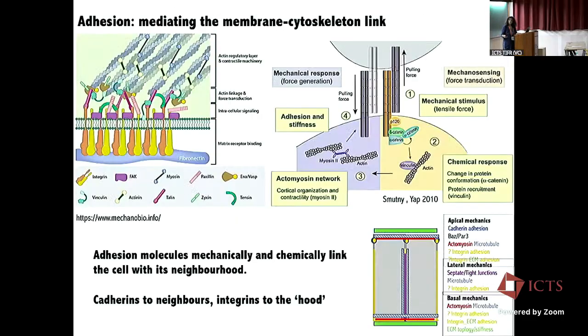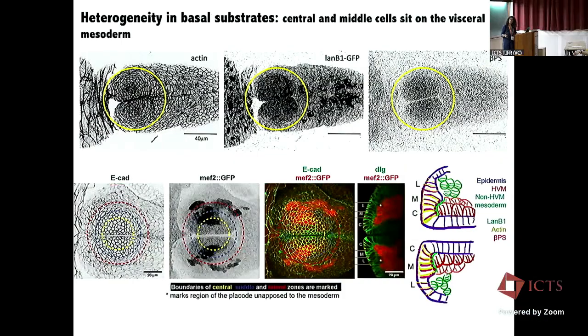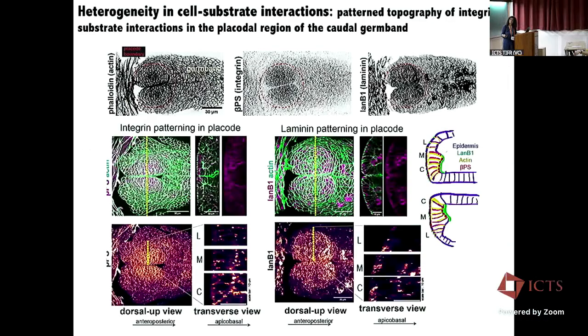And what I won't be able to tell you is that this 3D patterning of shapes is actually dependent on adhesion anisotropies that are due to differences in the way integrin-substrate interactions are patterned along this axis.